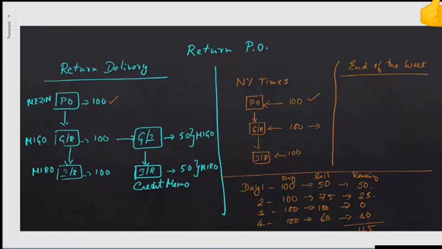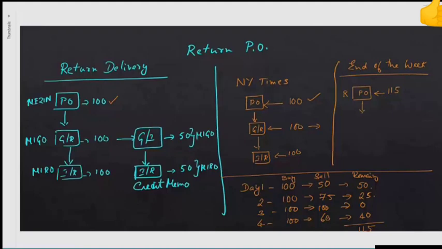Okay, so it's going to be like this. Think of this as return, and then it's going to be a PO. It's a different kind of PO. We will talk about that. And that's going to be for a quantity of 115 New York Times newspaper at whatever price. You're going to get it back.